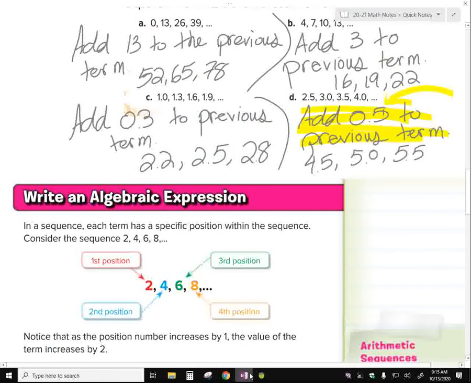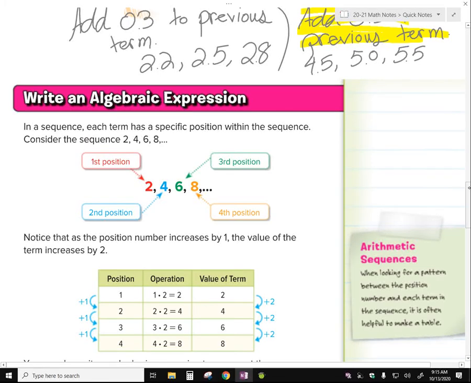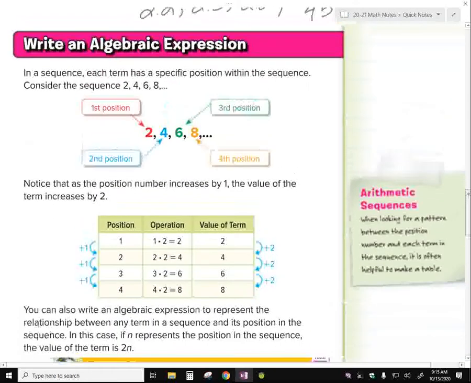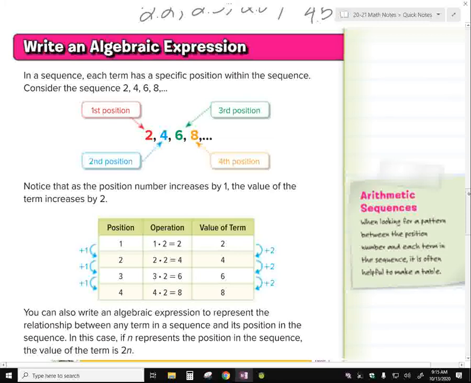All right, back to the lesson at hand. Write an algebraic expression. In a sequence, each term has a specific position within the sequence. Consider the sequence 2, 4, 6, 8. First position is the 2, second is 4, third is 6, fourth is 8.